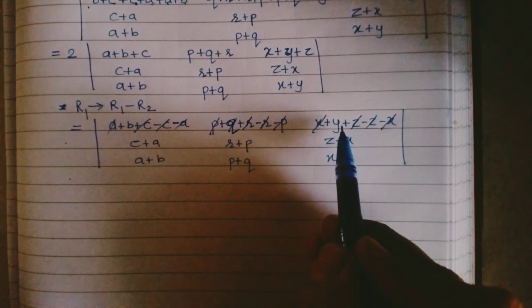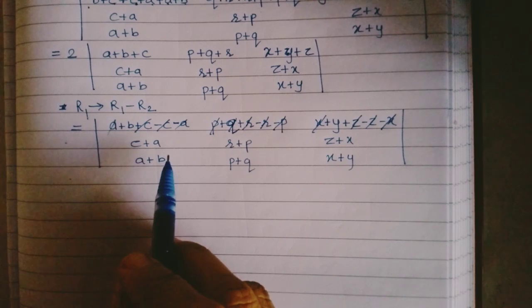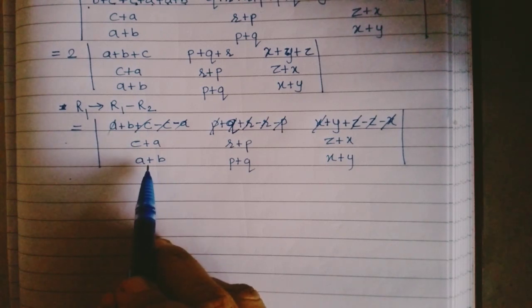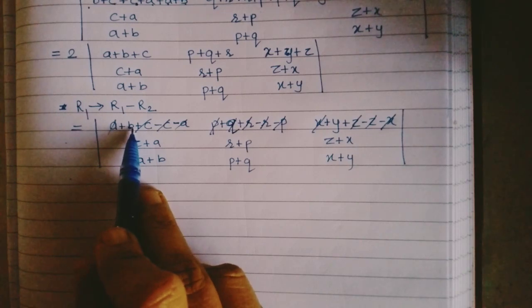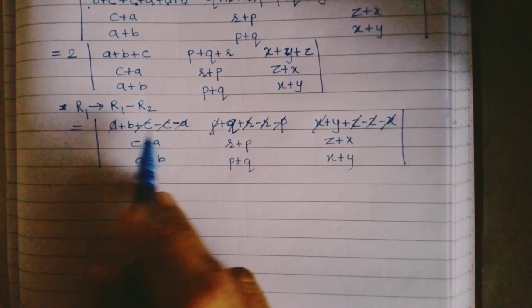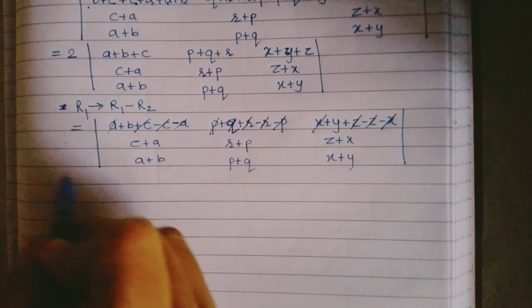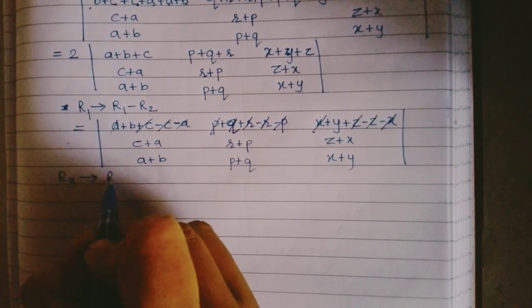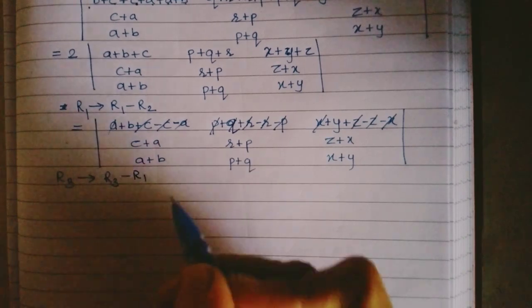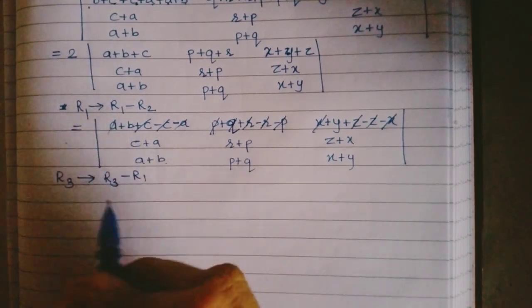Okay, now I'm changing the third row. Third row I have to make A or B. B I have taken already. Our first row, first element is B, right? So I have to make this element A, right? So I'll do what? I can change this by R3 minus R1 because our R1 is B. So A plus B minus B you will get A, right?